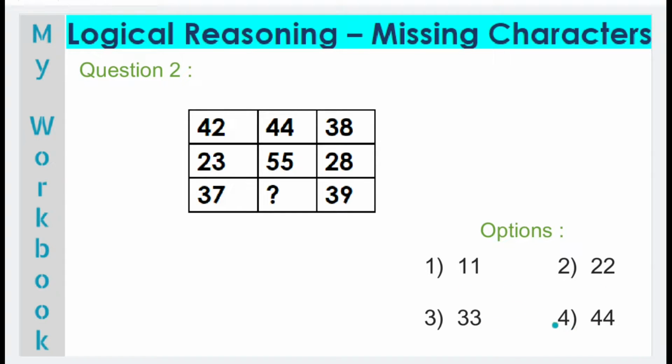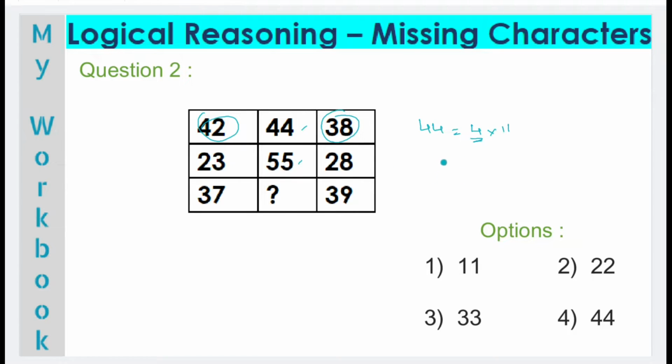This itself is a clue, isn't it? All the options are multiples of 11. Similarly, in the middle column, we have 44 and 55, multiples of 11 too. So 44 can be written as 4 into 11. This 4 is actually the difference between 42 and 38.